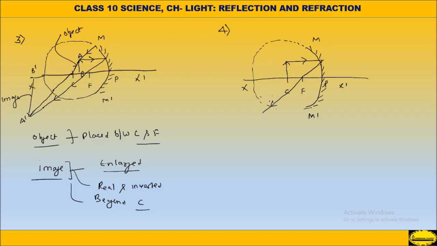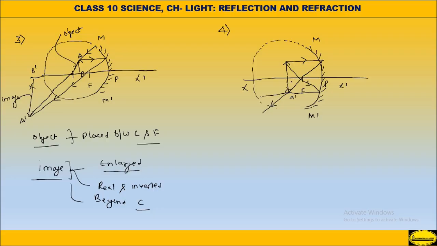Now another ray of light which is coming from the source touching the head of the object and passing through the principal focus and getting incident on the reflecting surface of concave mirror. It gets reflected and becomes parallel to the principal axis. Now we can see these two rays meet somewhere here. So here the image formation will take place.